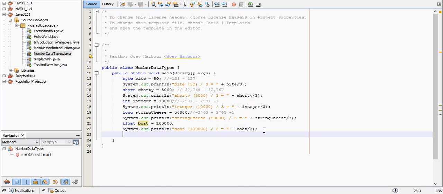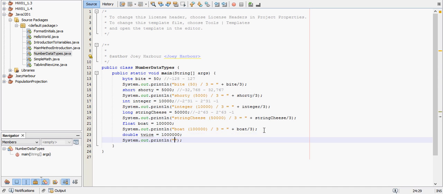And the double will give me a decimal too. So double, we'll call it twice, equals 100,000, and we'll call it twice, which is 100,000 divided by 3 equals, and then we'll put this over there.